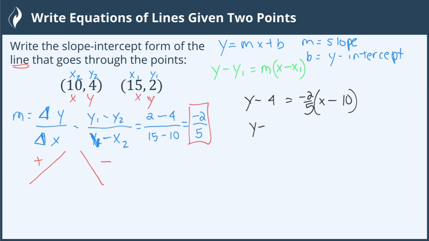So y minus 4 equals negative 2/5 x minus 10. I'm going to put the 10 over 1 just because I'm working with a fraction here, and I'm going to multiply by negative 2/5. Now my next line is still going to be y minus 4 equals negative 2/5 x.